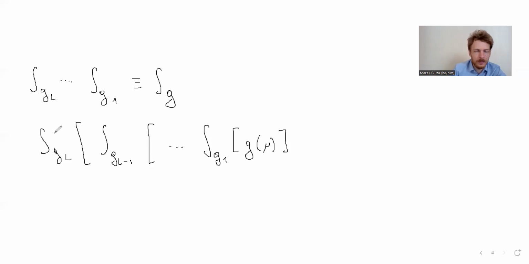And for example, here we would have mu'_L, mu_{L-1}', or nu if you want, mu_1', G^{-1}, and then here I need to close all the brackets. That's what it would mean to have a composition.